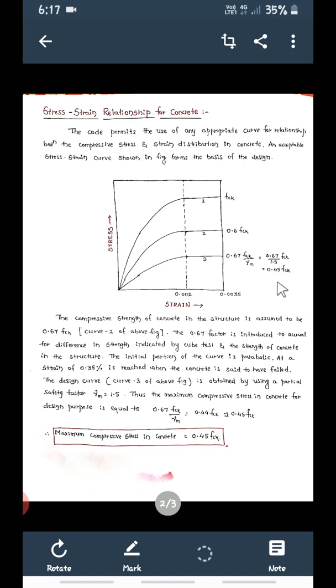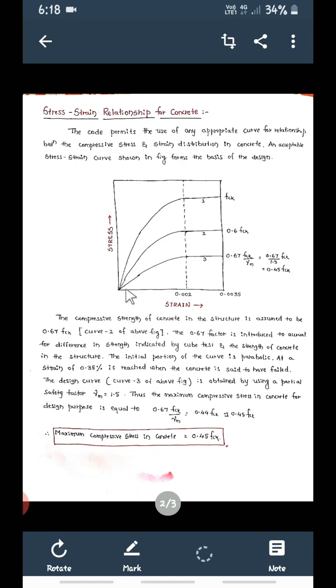0.45 fck. So what is this? This will be the final compressive stress or compressive strength in the concrete. Compressive strength or compressive stress at the time of failure is 0.45 times the characteristic strength. Okay, this is important. Remember, at the time of failure, the compressive stress of concrete will be 0.45 times the characteristic strength, that is fck.